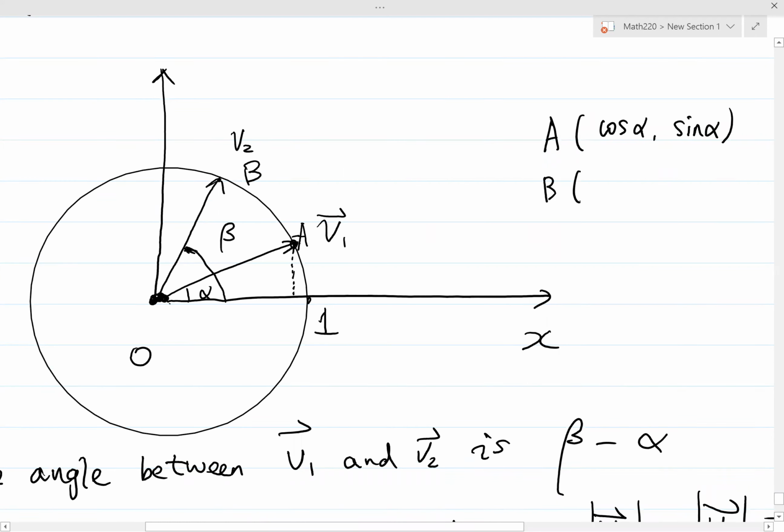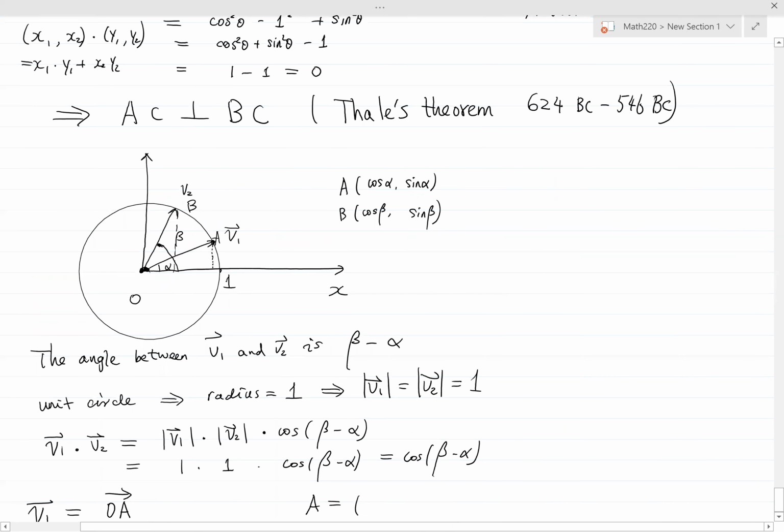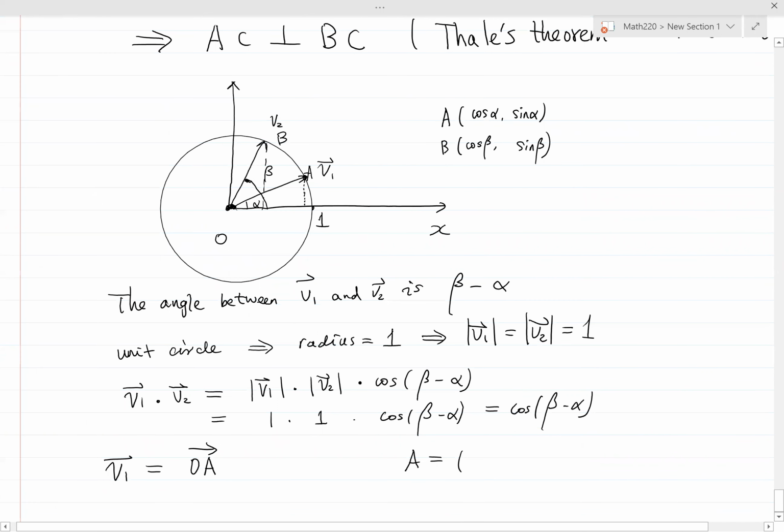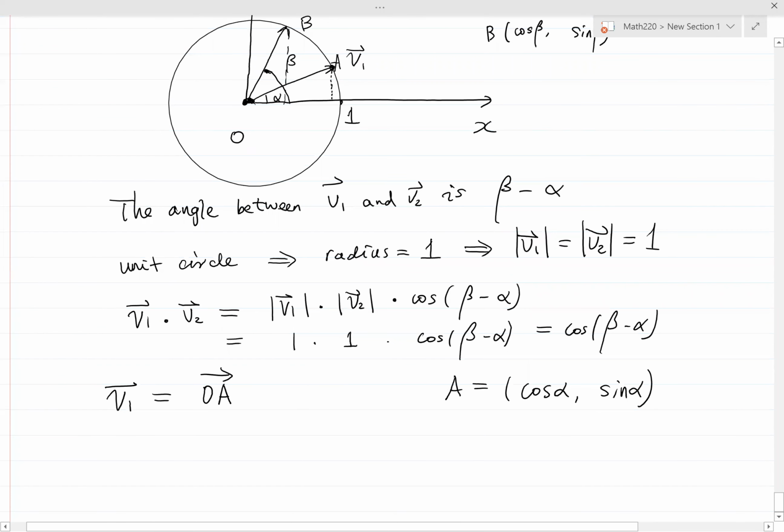Similarly, you can work out the coordinate of B. Solve the right triangle: the height of B, the y value, is sine beta, and the x value is cosine beta. Once we have the coordinates of A and B, we can write down the vector form. O is of course 0, 0, so we subtract head minus tail.